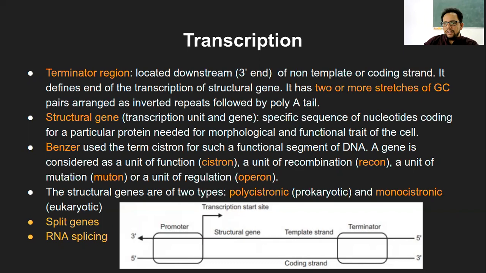It is not on what we call the template strand. So that is why. And in addition to that, there are these GC stretches, which is GC as in, if the template strand has G, then the coding strand will have C. So that is the only possible option. So even along the length, it will be only GGGCC or GCGC, whatever that sequence is. So these will be 2 or more stretches of GC after this stop codon.